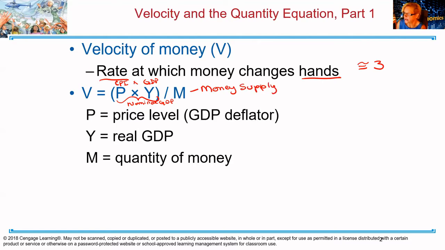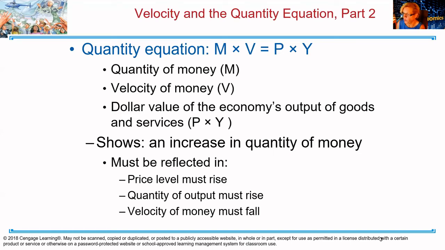If we look at this, we can rearrange the equation. I just gave you the equation in the previous slide. Velocity is equal to the price level times GDP divided by the money supply.